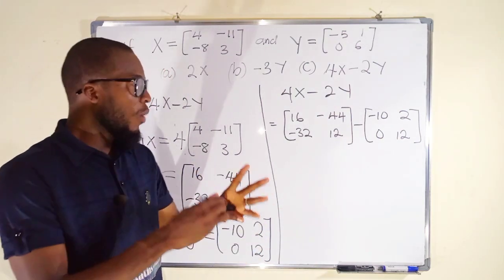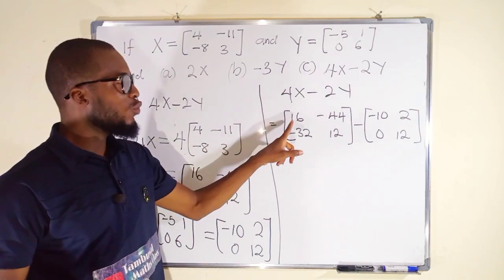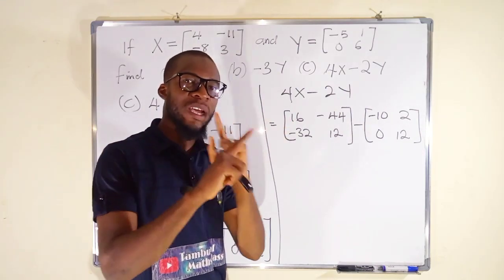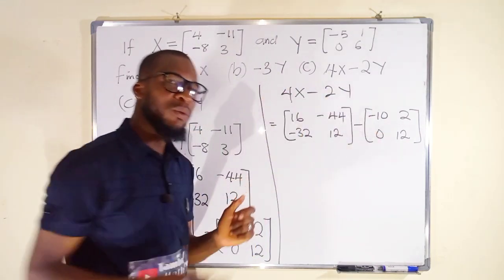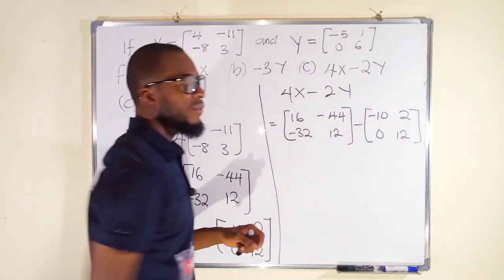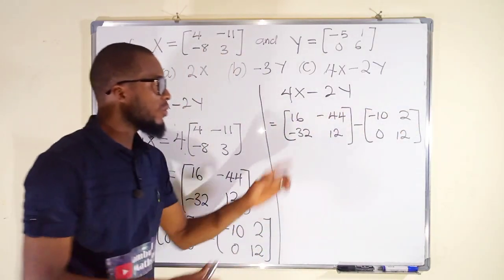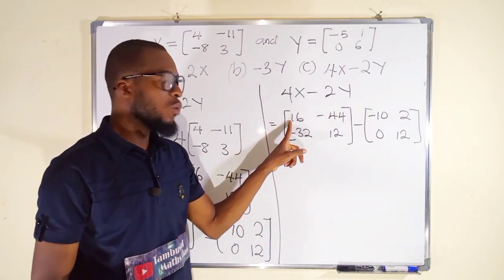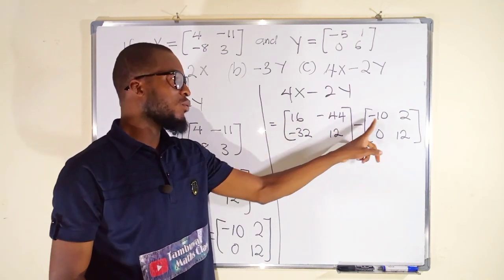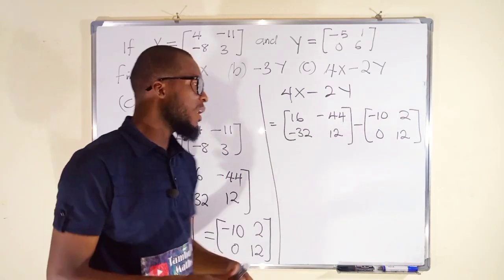Remember that while performing subtraction or addition, you have to connect each element with its corresponding one. 16 here corresponds to negative 10. Negative 44 corresponds to 2 because this is a first row, first column element. You have to attach it or join it with the first row, first column element.